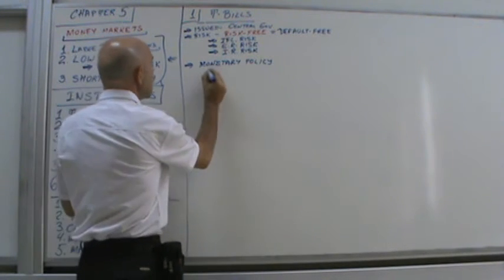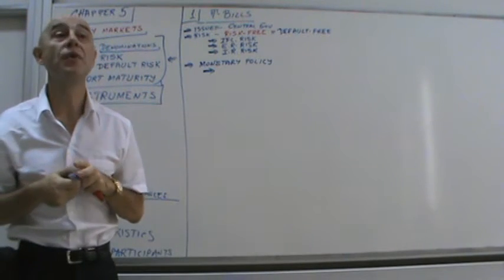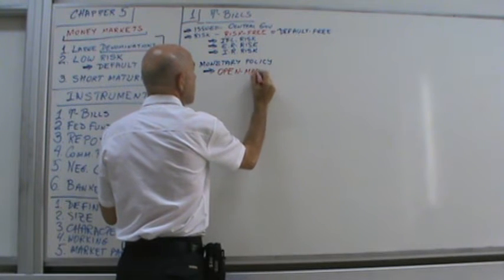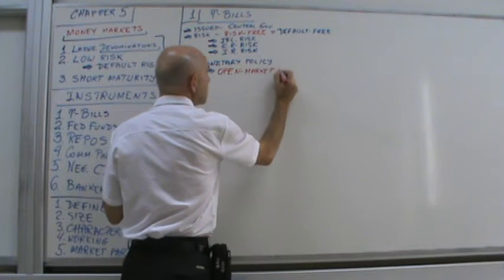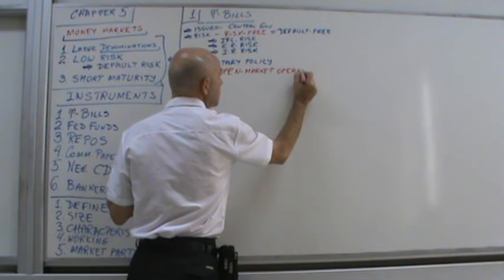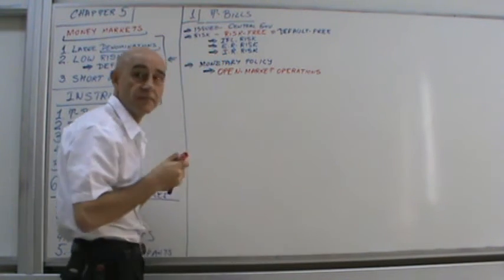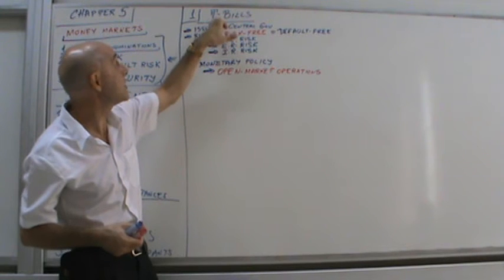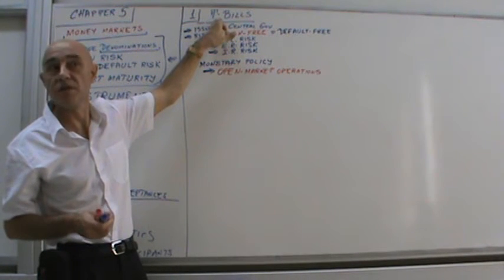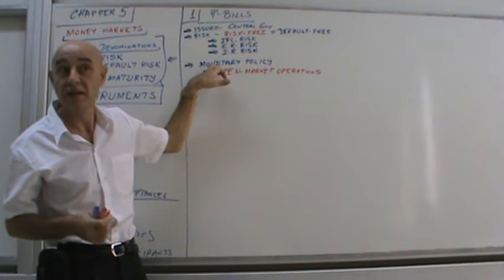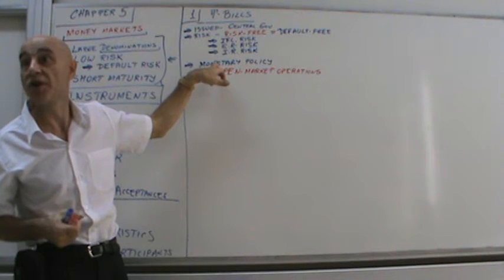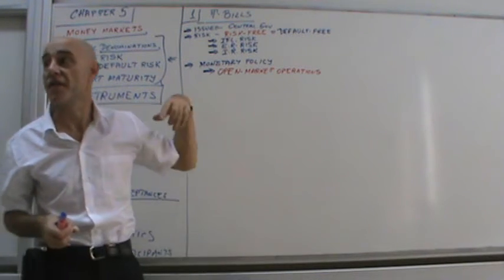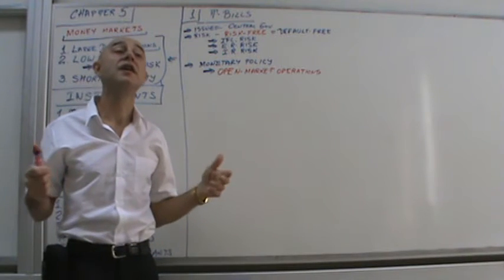We call these open market operations. Again, open market operations are sales and purchases of Treasury bills by the central bank for monetary policy purposes, in order to affect the money supply or interest rates.